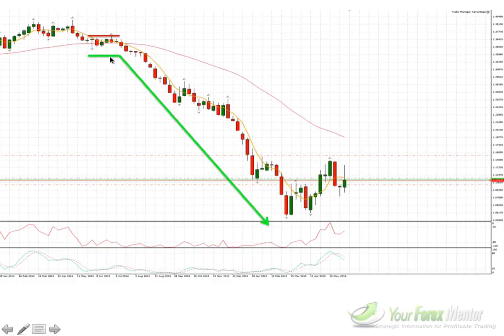So by selling right here and by having a very tight stop loss here, you could have caught about 70 to 80% of this particular trend by selling here, once again, at this green line, and buying the market back right around this area as another pattern emerged.